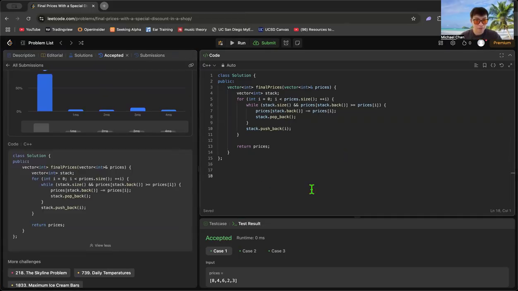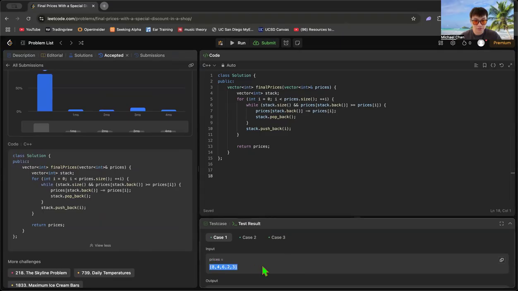So let's say prices right now is this, right? And then I create another stack, for i equals 0. So here I'm iterating through prices, right?